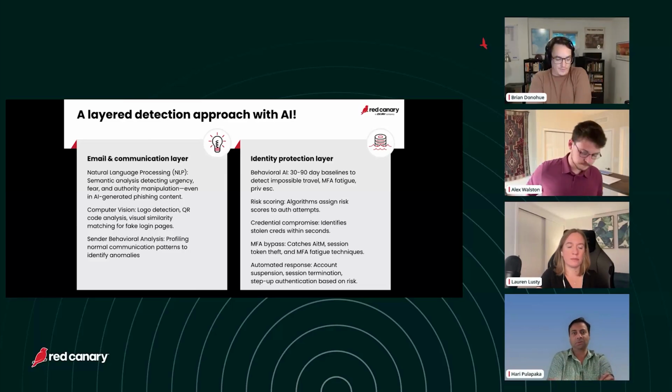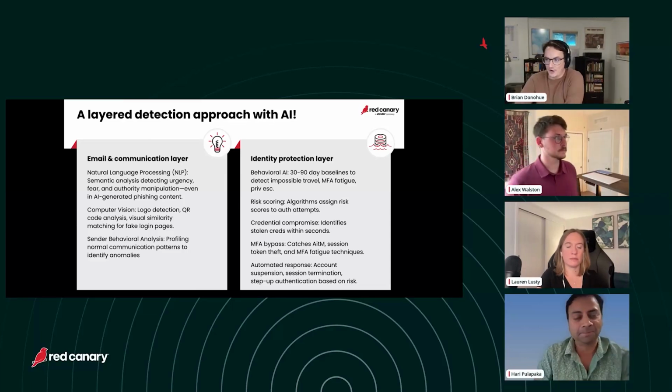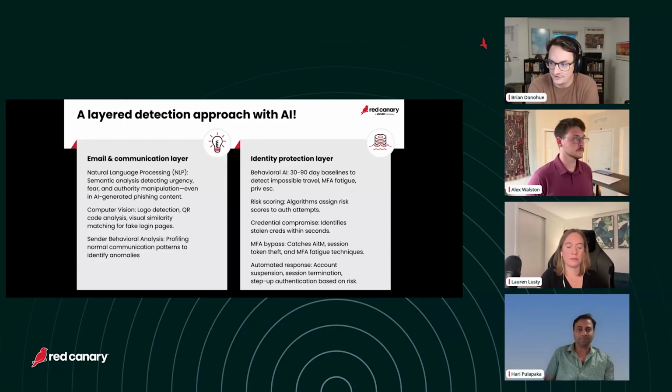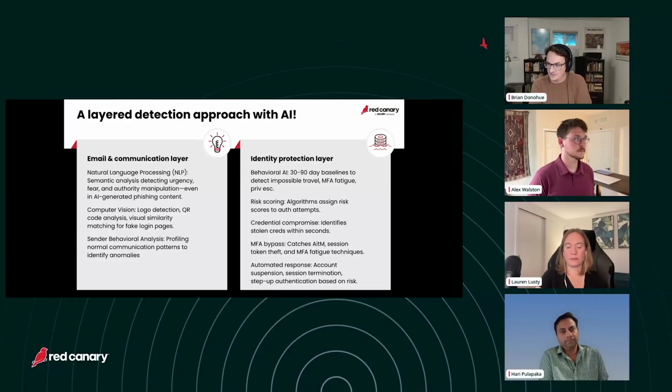Yeah, this is where I wanted to jump in. We were talking about this before we started, but it's funny, Red Canary and CrowdStrike started at this problem independently and landed in a very similar place, which is behavioral indicators from your identity provider. If you are using well-trained AI agents to parse that data and create user baselines over periods of time, it is very, very good at finding anomalous logins.